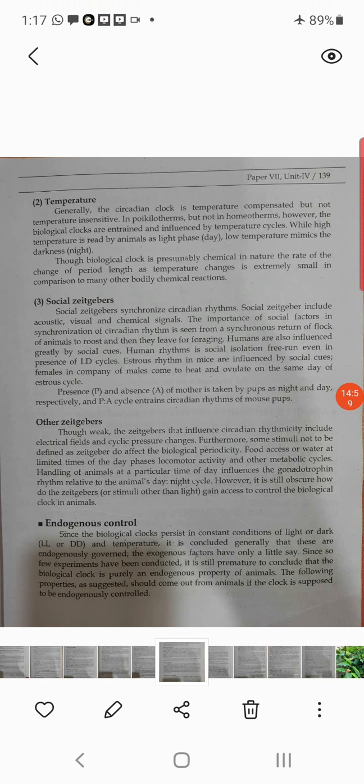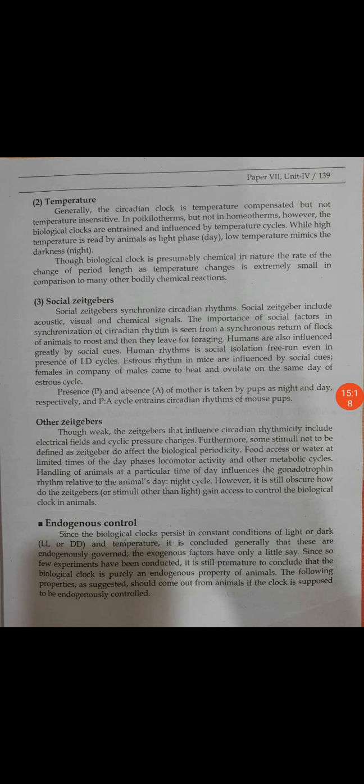It is the total or combined effect of the exogenous and endogenous ways. Now, if a clock is stopped, for example by cooling, it restarts after a lapse of time. Then the removal of exogenous Zeitgebers should not affect the persistence of rhythm. The biological clock is inherited if it is endogenous.